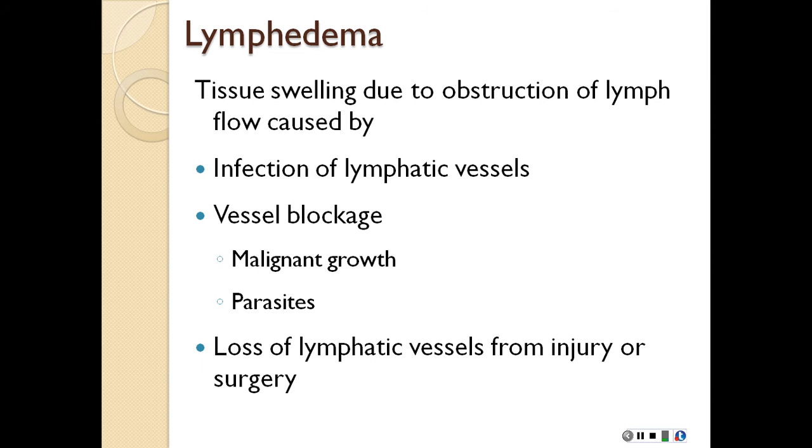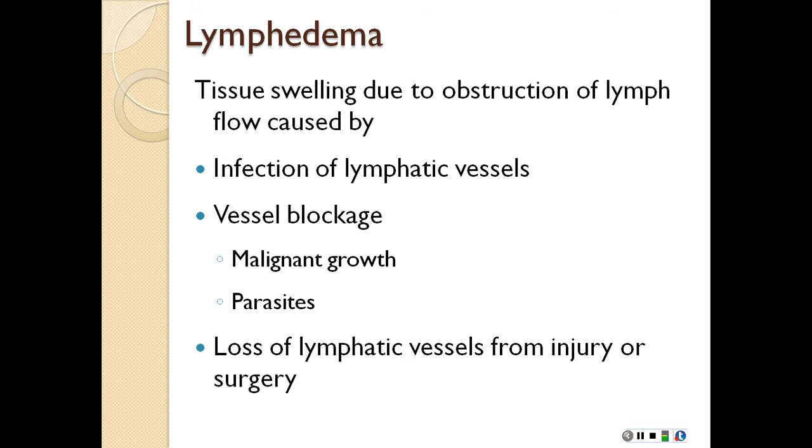Edema. Swelling. Right. So lymphedema, tissue swelling due to obstruction of lymph flow. Does that make sense to you? Tissue swelling due to obstruction of lymph flow, caused by infection of lymphatic vessels.